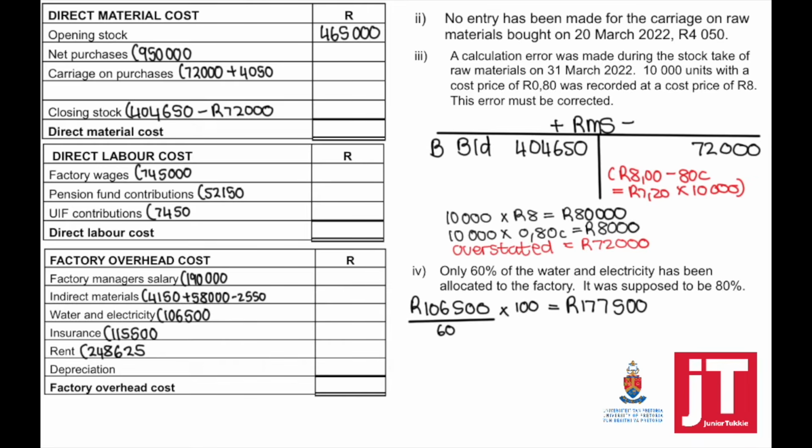What was it before we distributed it? And then we're going to times that by 80%. The amount is supposed to be 142,000. This means we need to adjust it by adding 35,500.